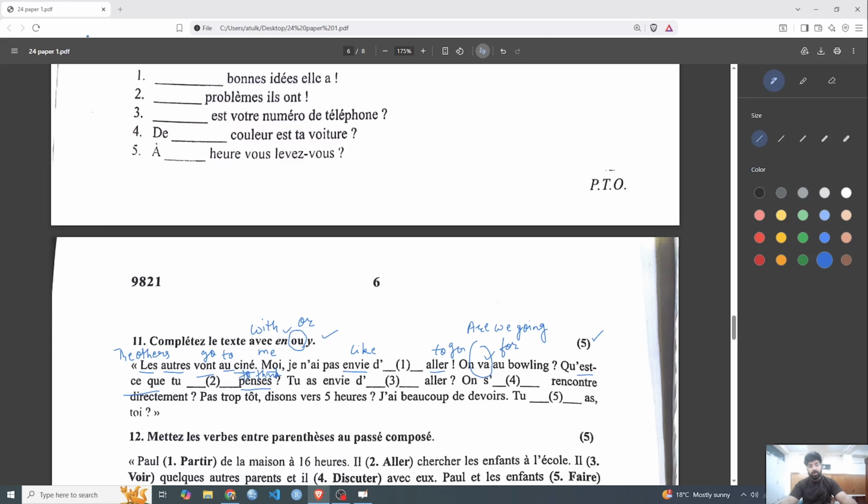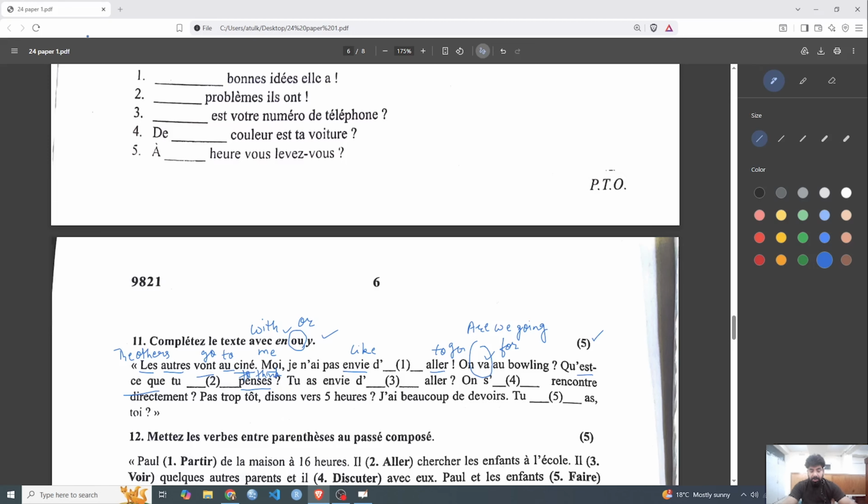So the question is, what do you think about it? What do you think about my plan? So basically, the entire sense of this passage till this point is, while others like to go to cinema, I don't like being there. Are we going for bowling? What do you think about my plan?